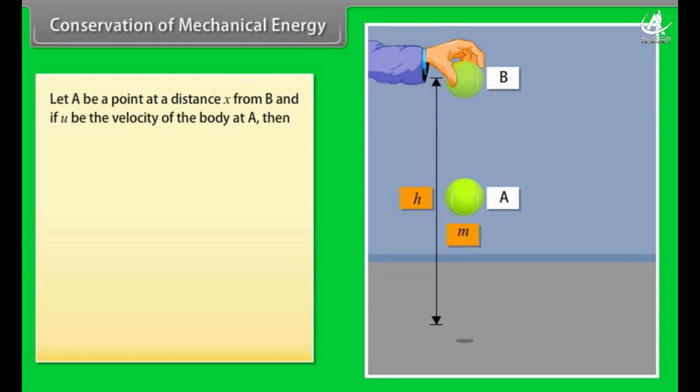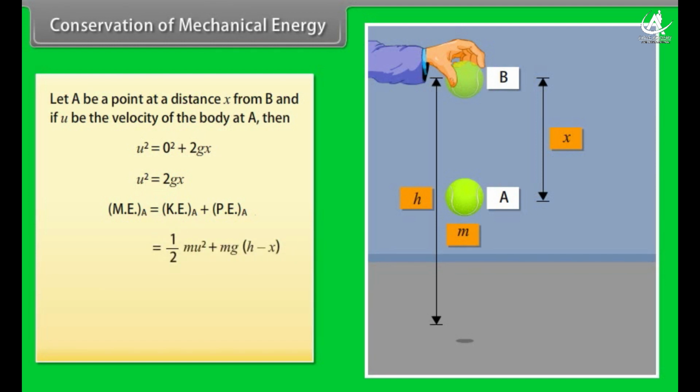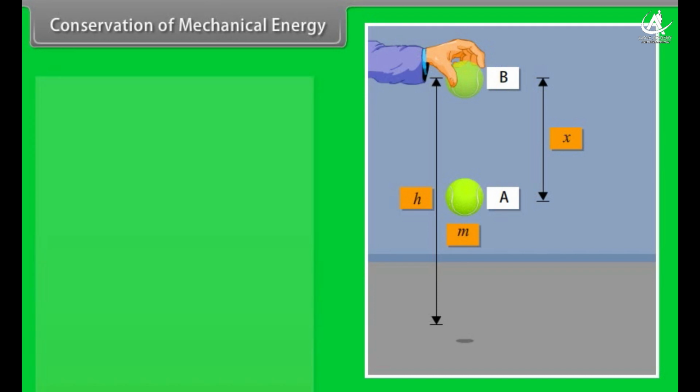Let A be a point at a distance x from B, and if u is the velocity of the body at A, then u square is equal to 2gx. Mechanical energy of the body at A is equal to kinetic energy of the body at A plus potential energy of the body at A. By calculating it, we get the mechanical energy of the body at A is mgh.